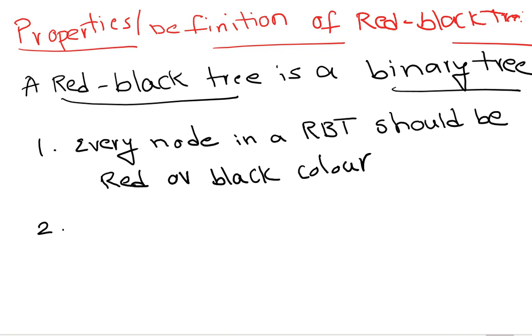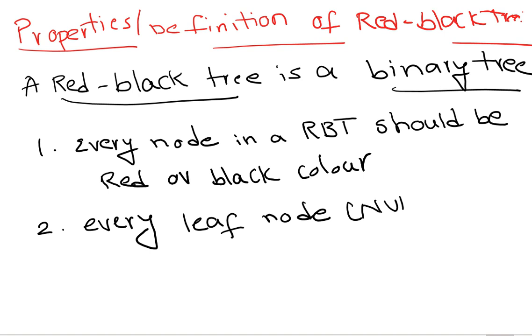Second one is every leaf node, that is null, we call it a null node. Leaf node means it has no children, no left child and no right child, and should be black. Every leaf node should be black.